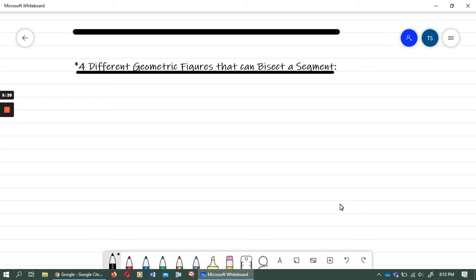Also, another segment could bisect a segment, and the last of those 4 geometric figures is a point bisecting a segment. So again, those 4 are a line, a ray, that's R-A-Y, another line segment, or a point.